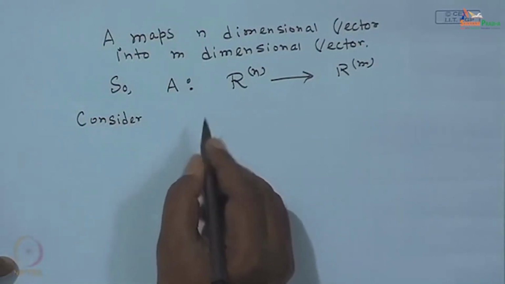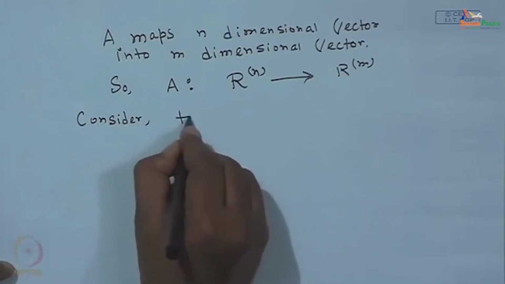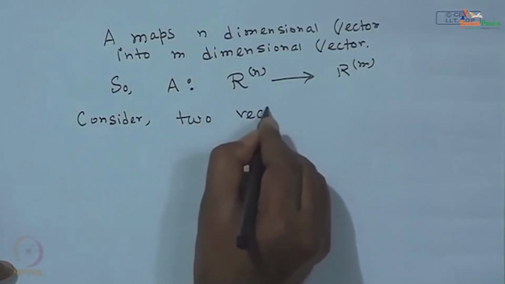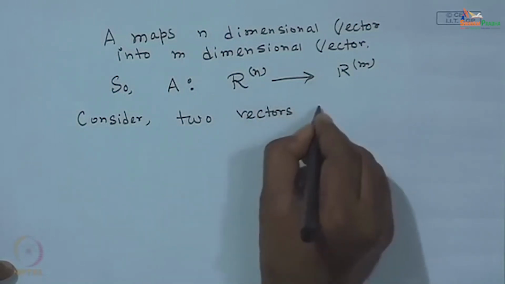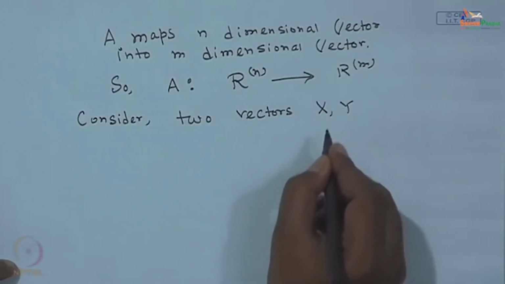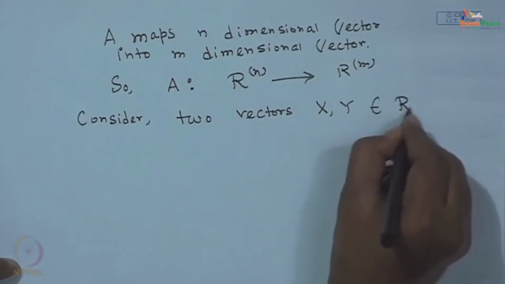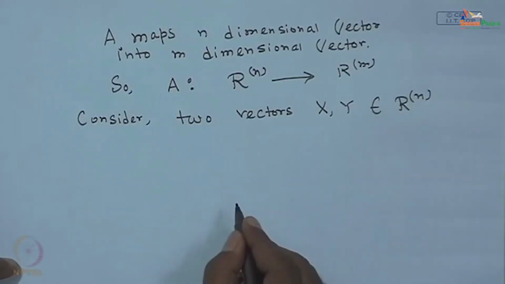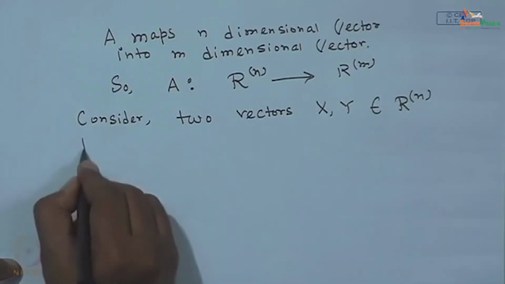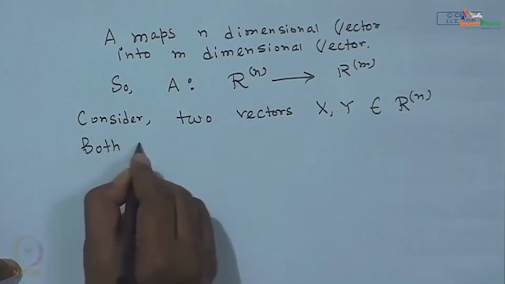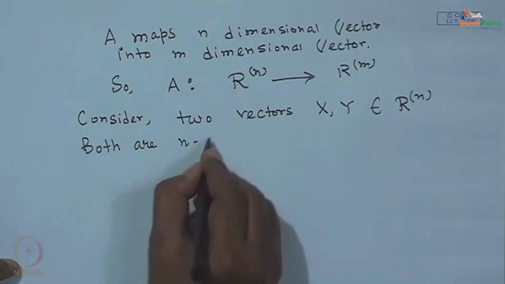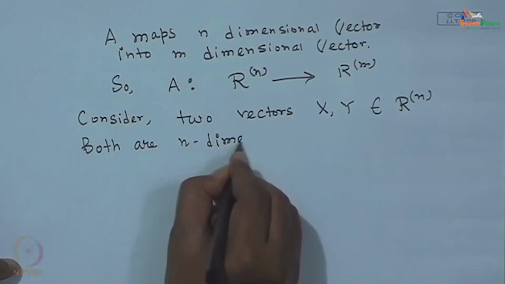So, consider another property of the vectors. Consider the two vectors x and y, both belong to n dimensional real space. Okay. So, both are n dimensional vectors.